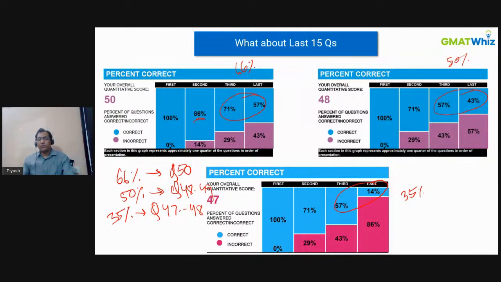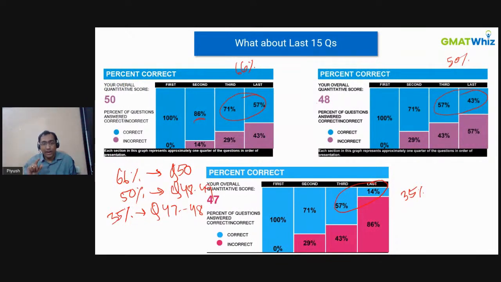So what do we infer from this? What we infer is, if and only if you manage to get the first 15 questions right, and let me tell you this is not going to happen on the day of the test by chance. You have to be skilled enough to get the first 15 questions right. To be skilled enough, you need to learn the right approach. And that's why I talked about that approach part even before I came to this.